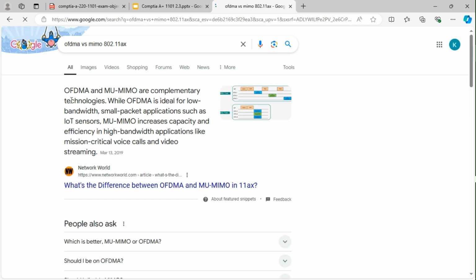Okay, OFDMA and MU-MIMO are complementary technologies. While OFDMA is ideal for low bandwidth, small packet applications such as IoT sensors, MU-MIMO increases capacity and efficiency in high bandwidth applications like mission critical voice call and video streaming.